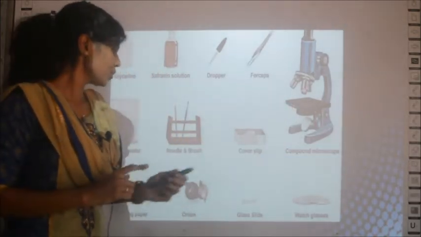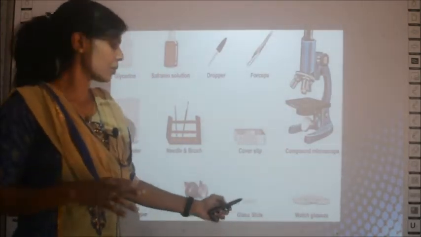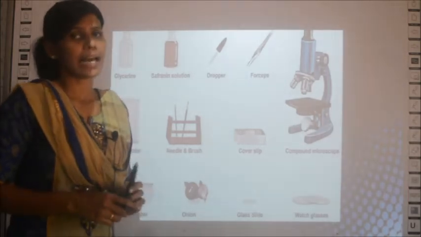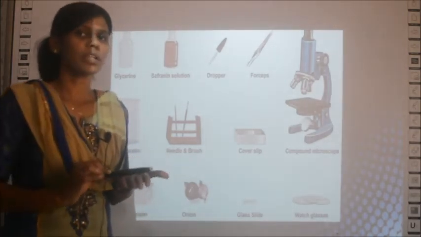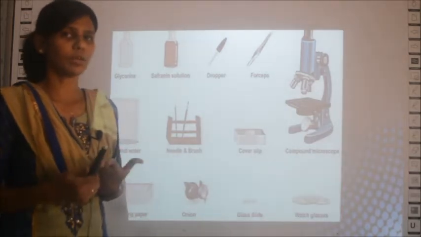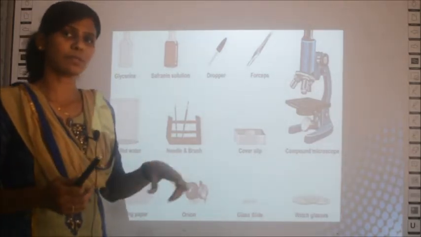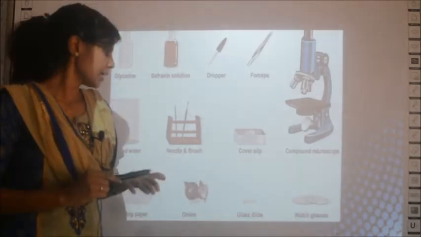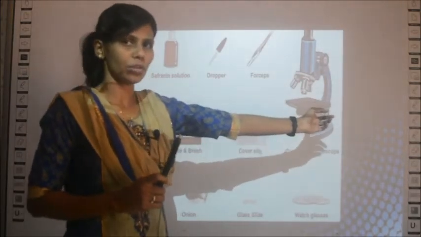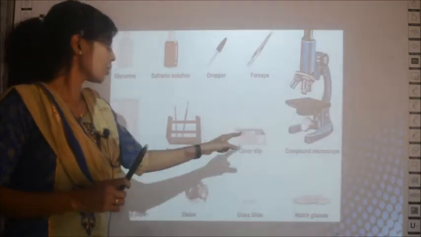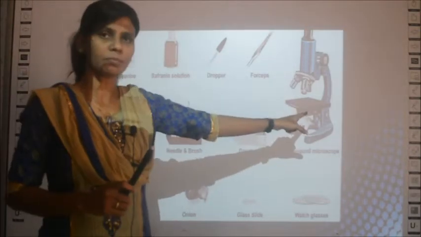So what are you going to do? You are going to keep the specimen, whatever you are going to watch, on this glass slide. Take a glass slide, put the specimen on it, specimen meaning the plant cell that you are going to observe. How you will prepare the specimen, I will tell you in the next slide. So take a glass slide, put the onion cell and put it on the stage. Before you put it on the stage, you are going to add glycerin.